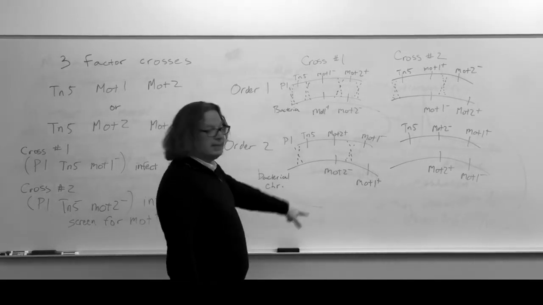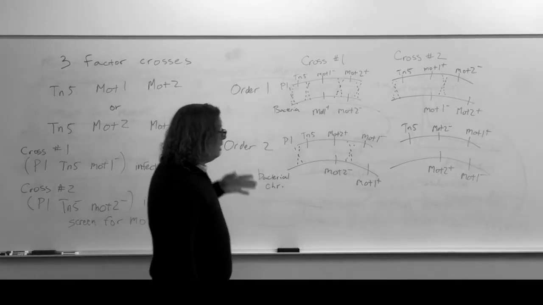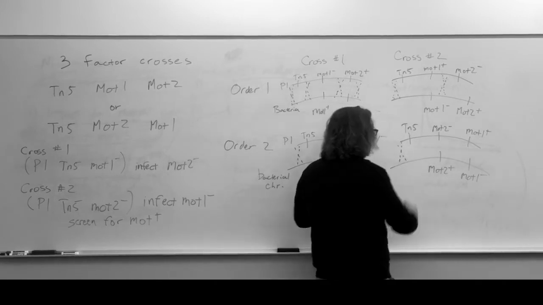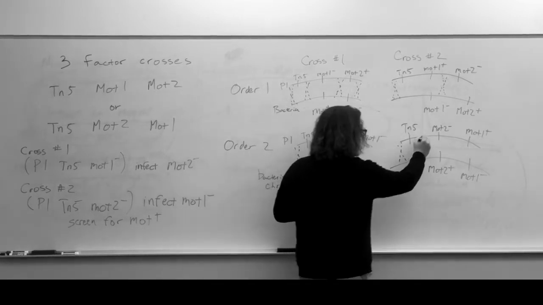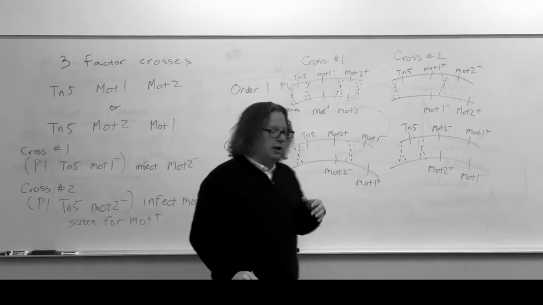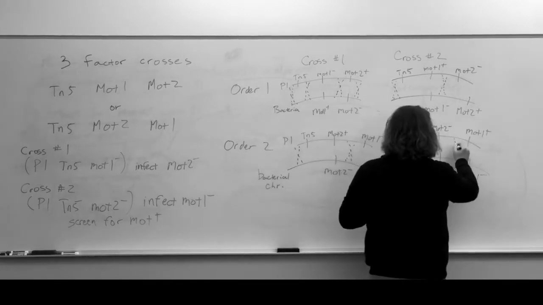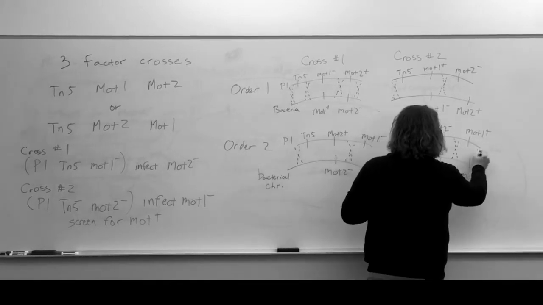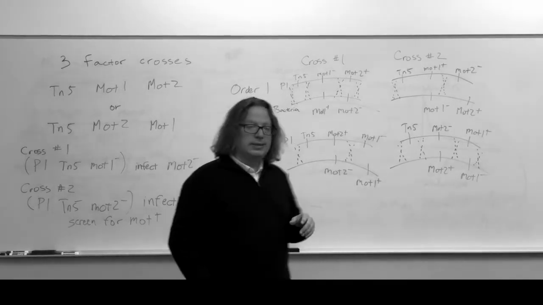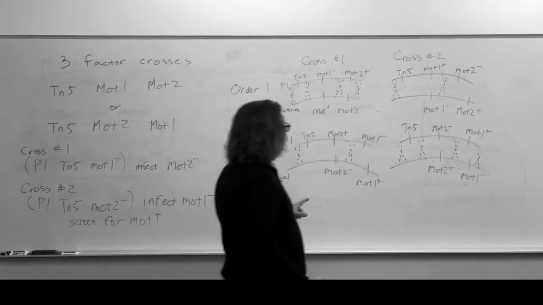So this is pretty easy, a single event bringing it over, where in the context of cross number 2, you can bring in Tn5, but here you don't want to bring in mot 2 minus, because the target is mot 2 plus. So we need a separate event that brings in mot 1 plus. So here, this is difficult because we need two chunks to move over.